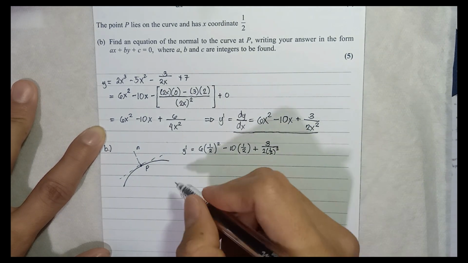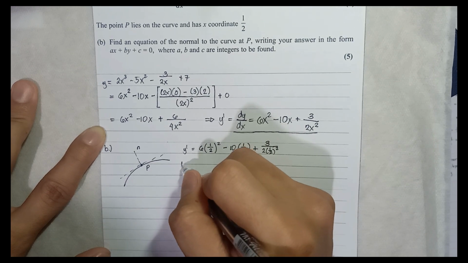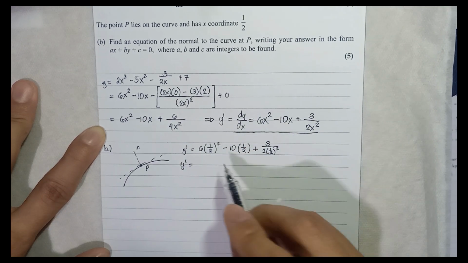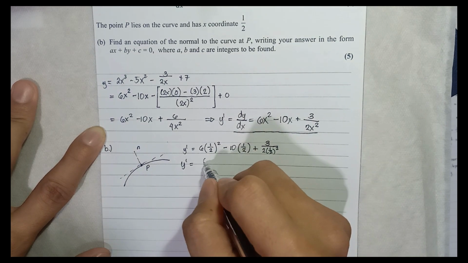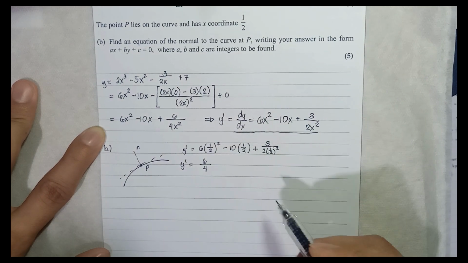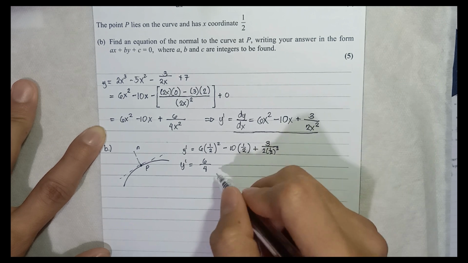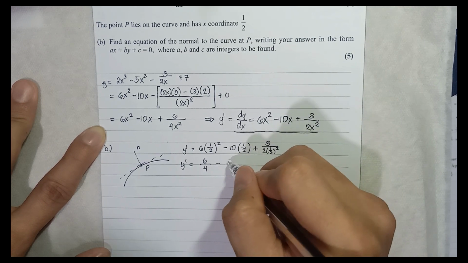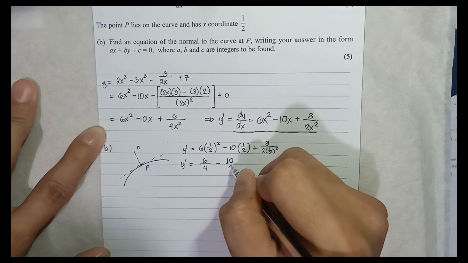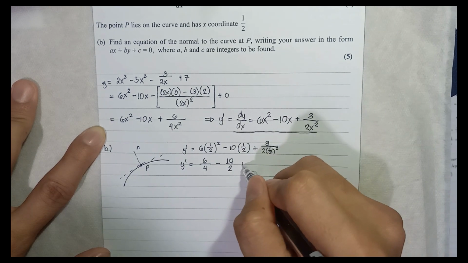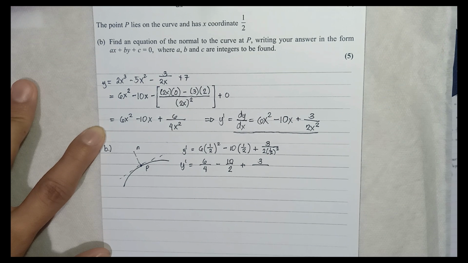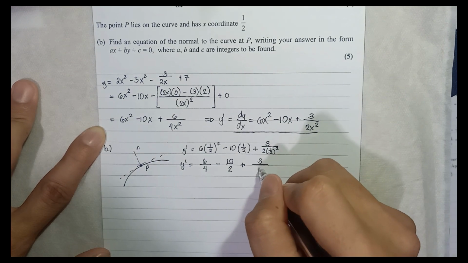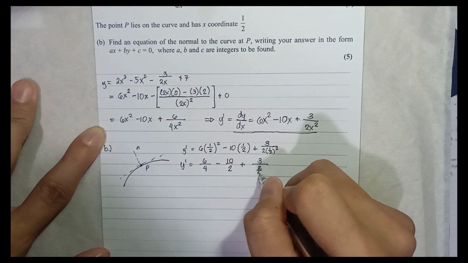So let's write that down bigger. y prime is equal to, this is 1/2 squared, that gives us 1/4 times 6, that will be 6 over 4. This 10 times 1/2, let's just write it down as 10 over 2. Then here we simplify this first, so 3 over 1/2 squared is 1/4 times 2, that gives us 2 over 4.